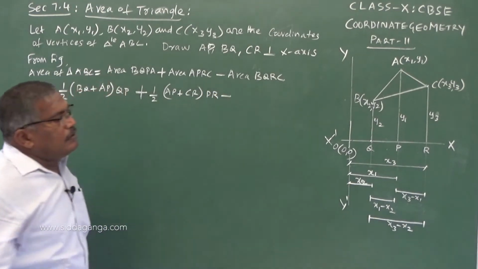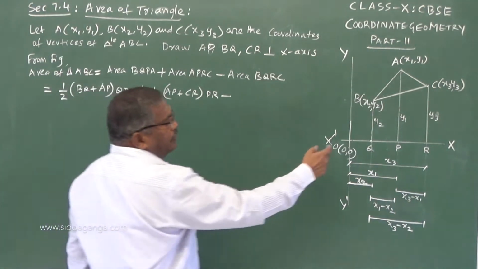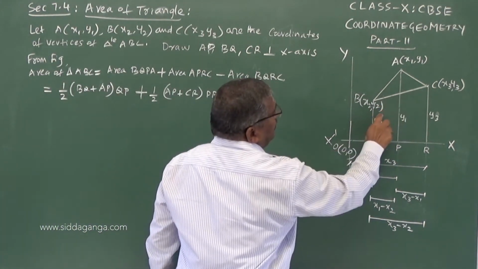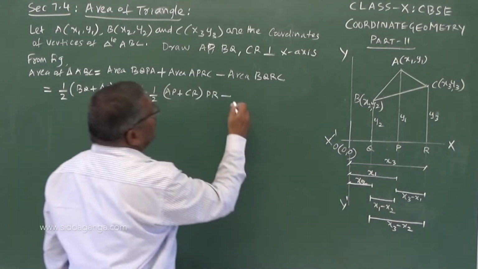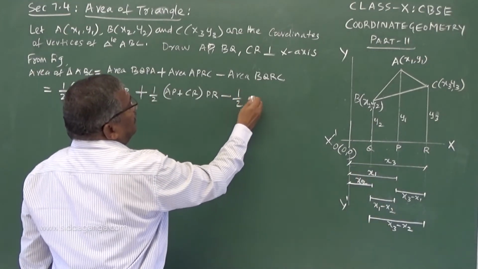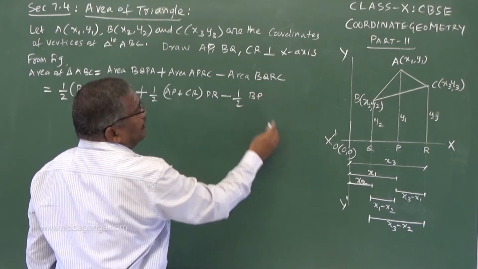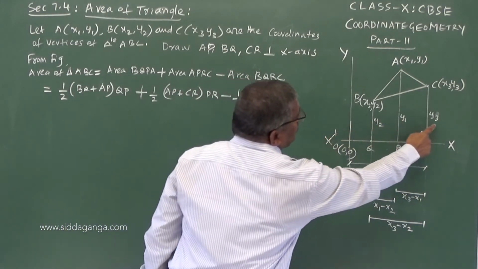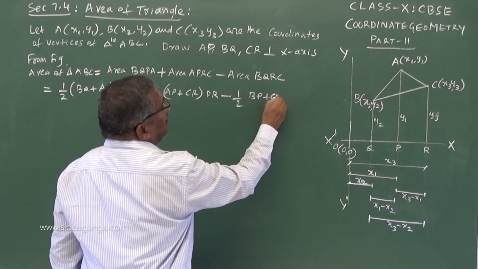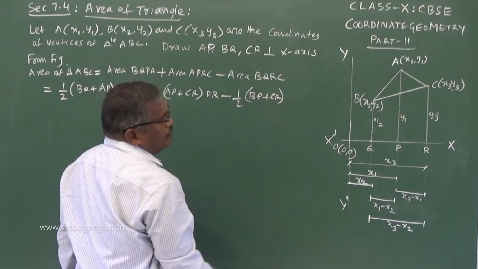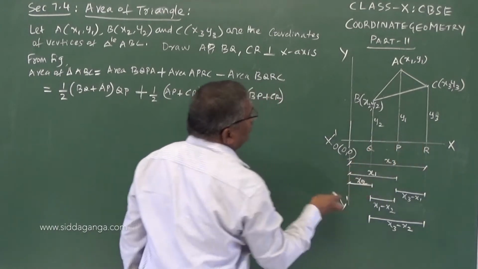Minus, now the deduction portion, the lower portion: half of BQ plus CR, and the distance between those two is QR.